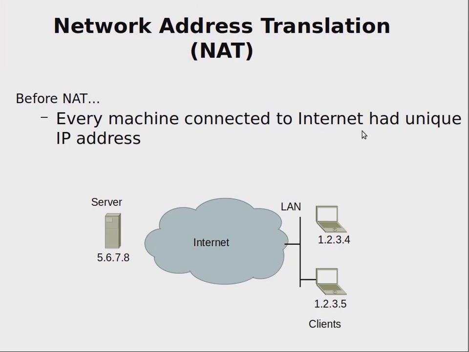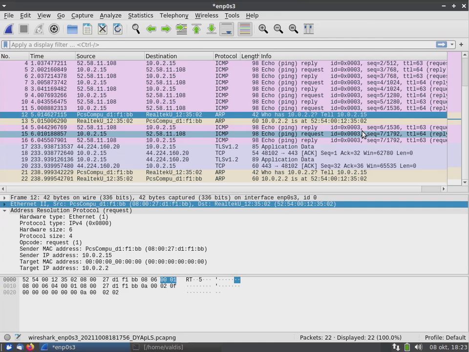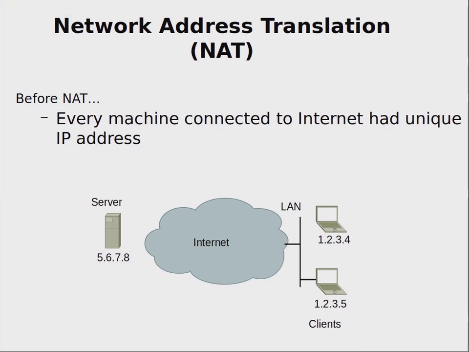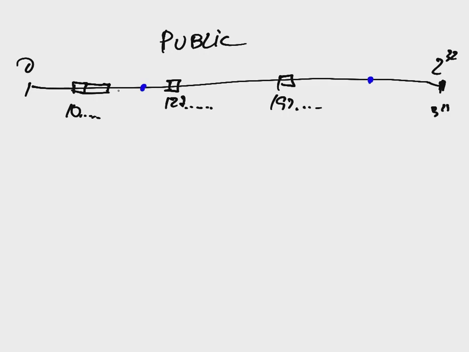But there is not enough address space for Internet Protocol 4 to give all of these devices which are using the internet their own public address to be connected from one to another.